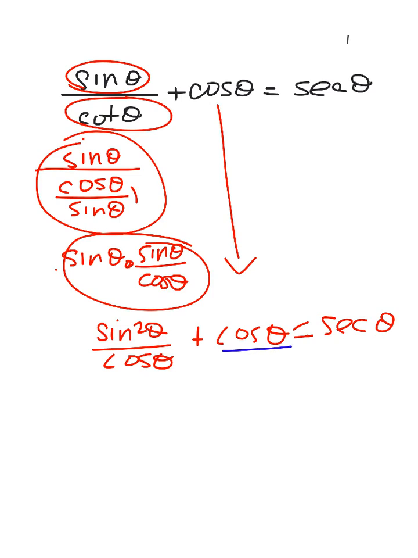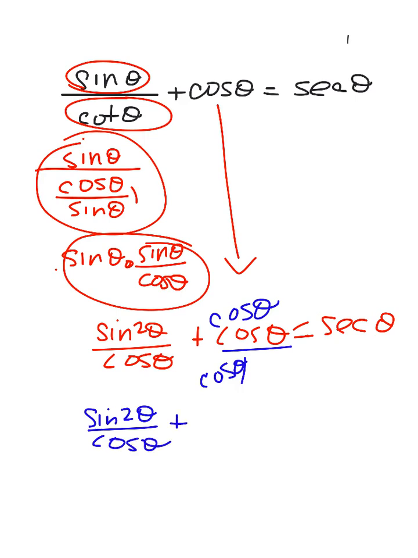In order to add fractions, you have to have the same denominator. So I'm going to multiply numerator and denominator by cosine theta. Then I have sine squared theta over cosine theta plus cosine times cosine is cosine squared theta over cosine theta equals secant theta.